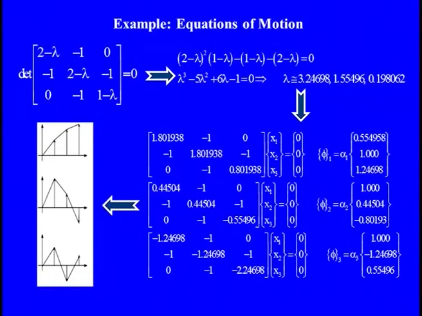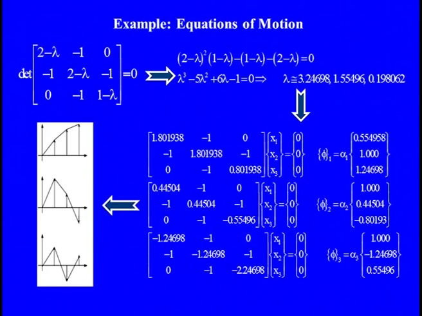Now, if we want to find the natural frequency, we need the determinant of this. Here we have lambda, the characteristic root, and if we adopt these things, we have 2 minus lambda, minus 1, 2 minus lambda, and 1 minus lambda, with minus 1, minus 1.